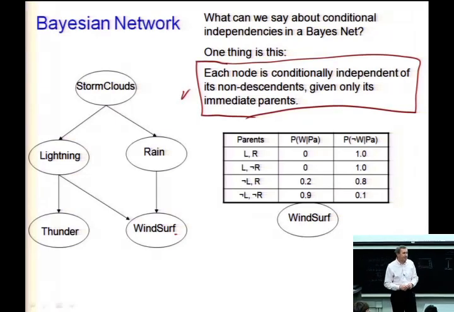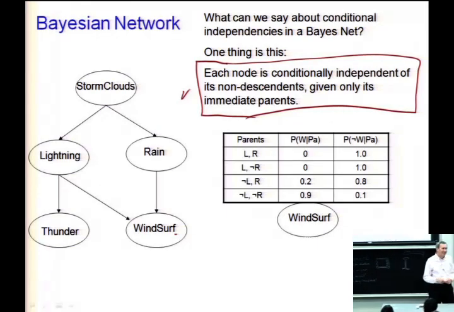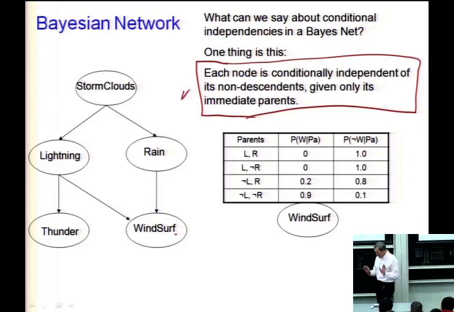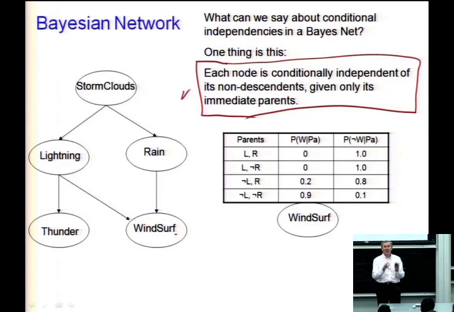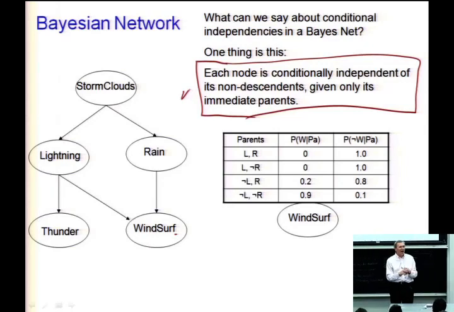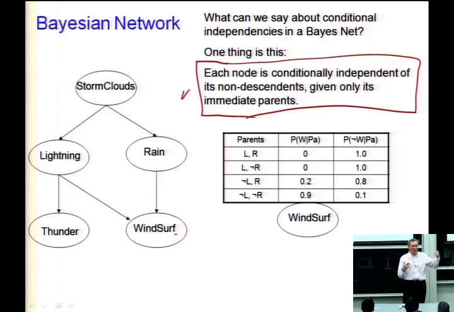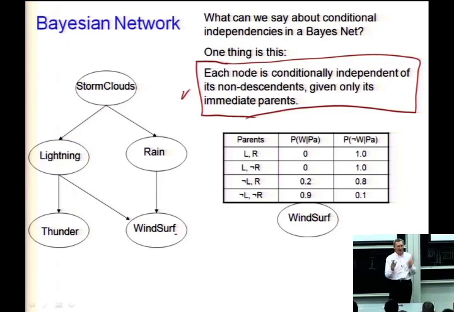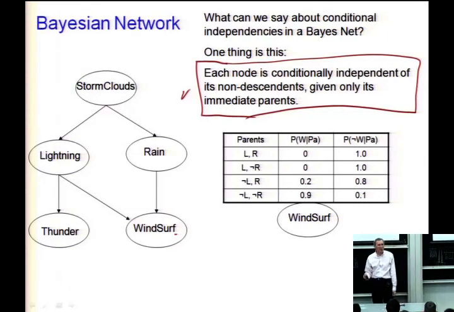Seems a little weird, though, because if thunder is dependent upon lightning and windsurf is dependent upon lightning, then given thunder, one could get... Okay. All right. So this is a question about whether I should obey such a conditional independence assumption. I don't want to debate the philosophy of whether it's wise to windsurf without looking at whether there are storm clouds. I'm not trying to defend this particular model as the truth. I'm just bringing this up as an example of how we can represent a Bayes net.